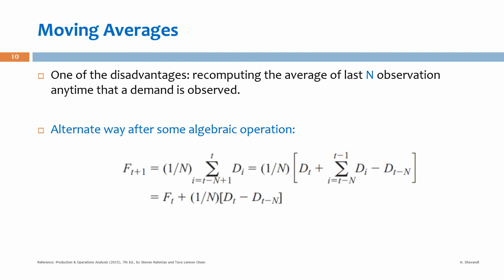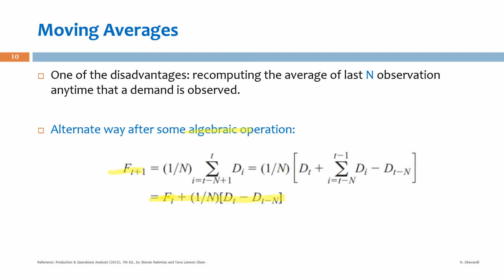One of the disadvantages of the moving average is the recalculation of the average any time that we have a new observation. Anytime that we have a new observation, we need to recalculate the average based on the last n observations, right? But after doing some algebraic operations, we can simplify the moving average formula to this, as you see here.